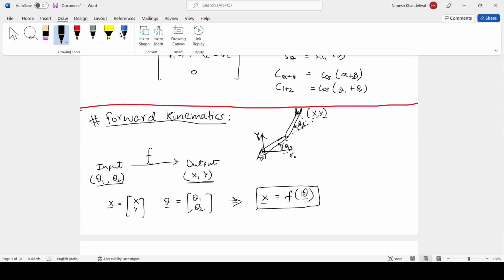So this mapping from your joint angles, or from your controlled quantities, because we are saying this is input, it means the user gives this input, or even if not users, these quantities can be controlled either by the user or by some intelligent algorithm.